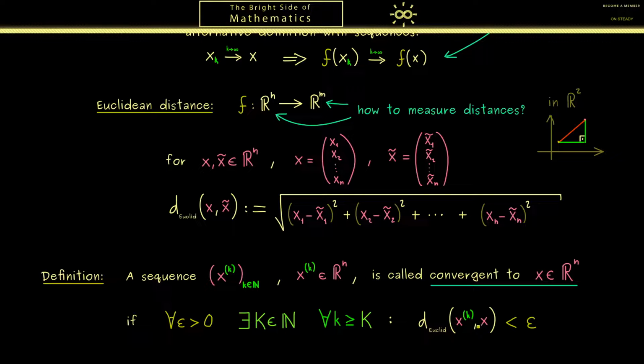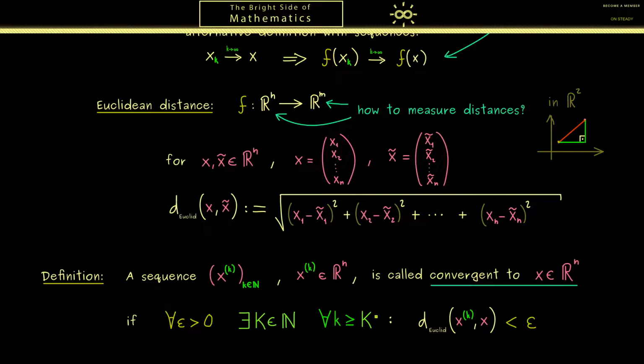So you should see this is exactly the same definition as for one dimension, but now instead of the absolute value we use the Euclidean metric. Moreover, if we choose n equal to 1 here, we get back our absolute value. Therefore, this here is indeed a generalization of our concept of convergence as we have learned it in the real analysis course.